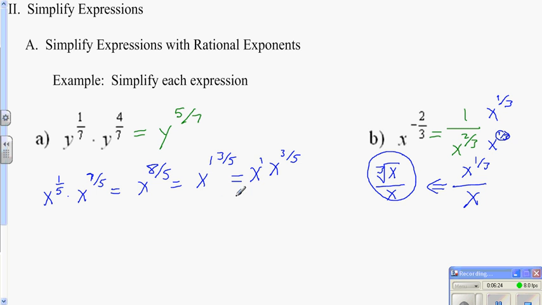So what this tells us is that we will have x and then a 5th root of x cubed. That's how we would approach that problem. And I think this was C in your guided notes.